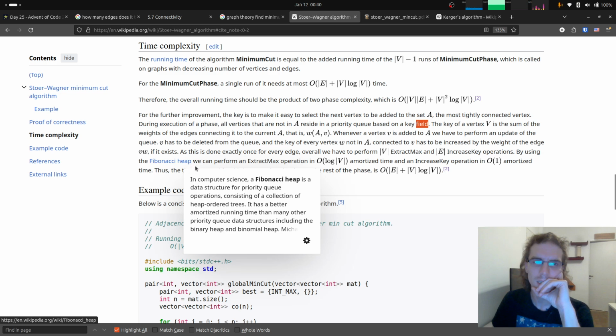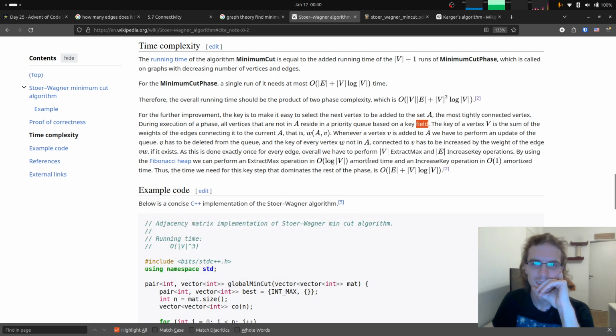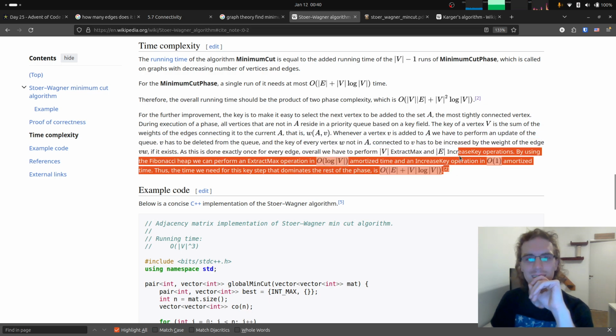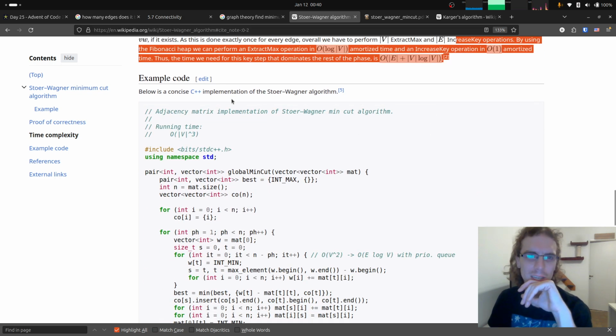I guess in a Fibonacci heap. Okay. I don't know if we will go into interesting optimizations. I just want something that works really.